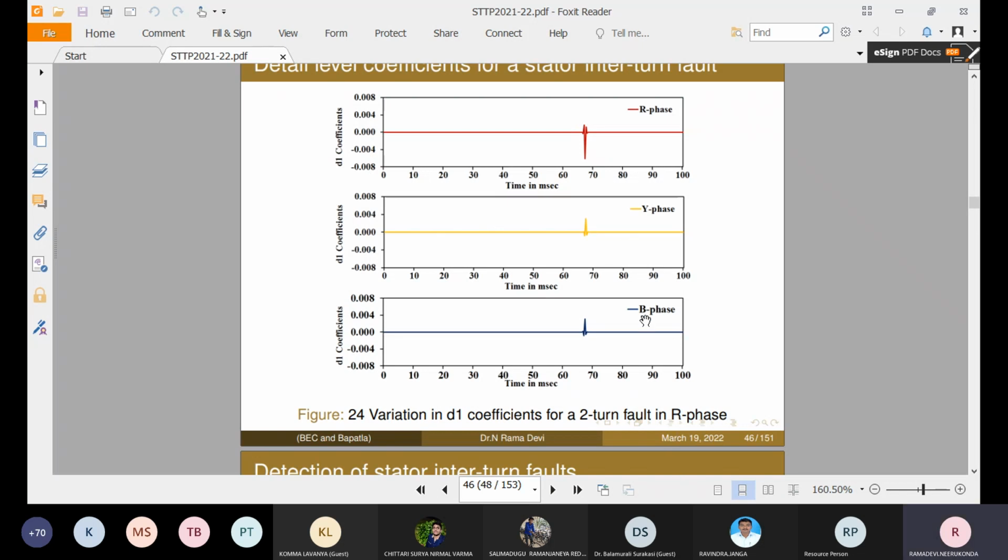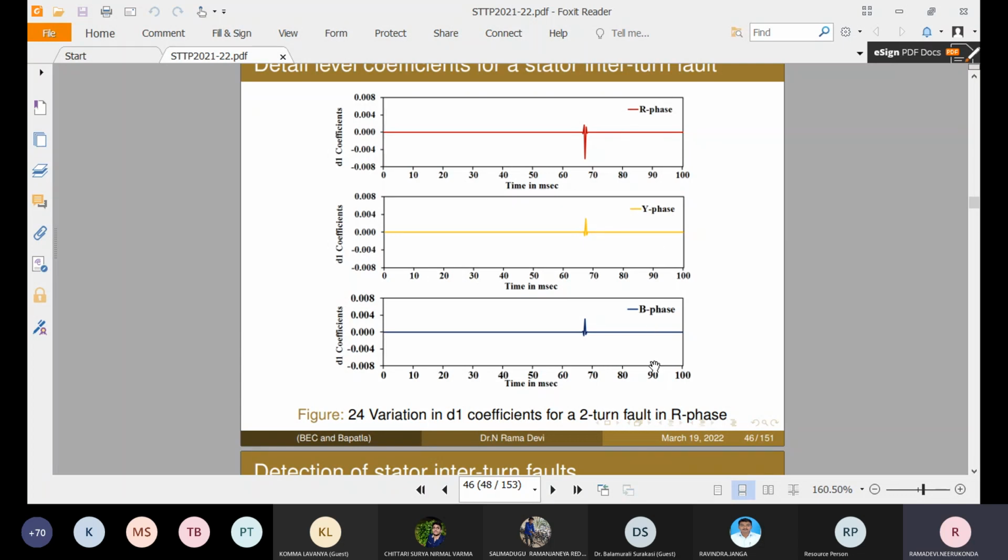So why are Y and B affected? When the fault happens in the R phase, the impact is on Y and B also, because it's a distributed model.